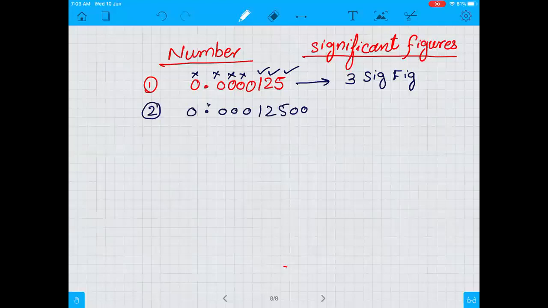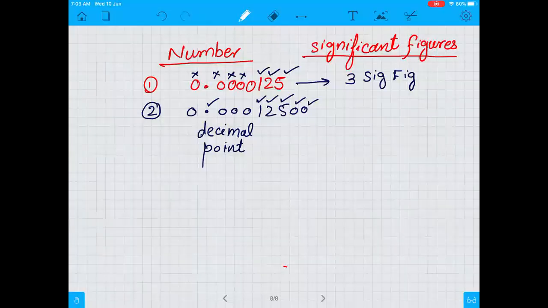Now you get a decimal point. When you get a decimal point, the zeros which are after a non-zero digit, these 2 zeros are on the right side of this non-zero digit, they will become significant. So because of this decimal point, the zeros which are on the right hand side of a non-zero digit, they will become significant.